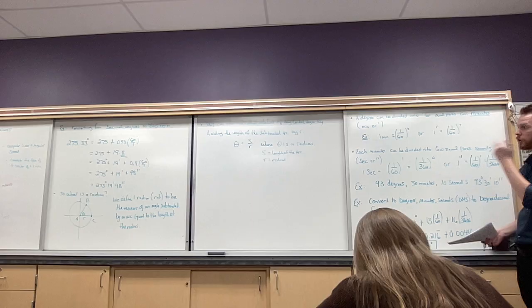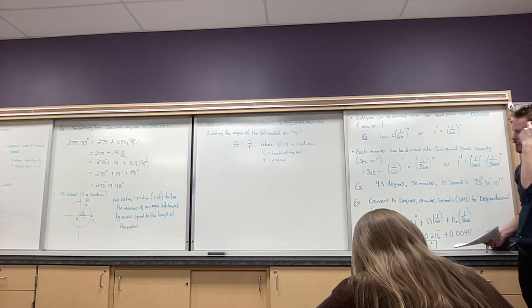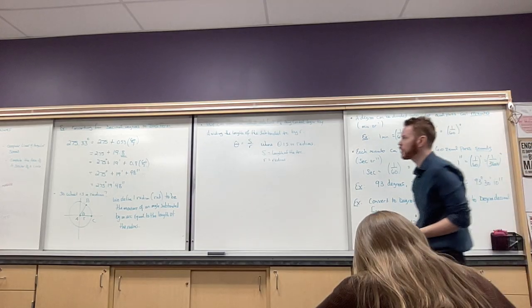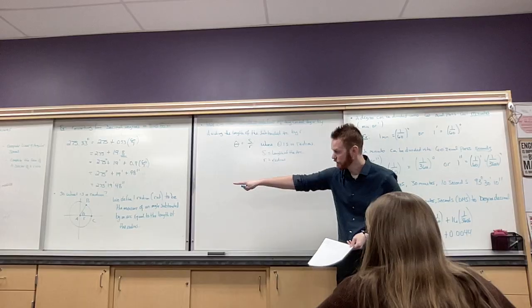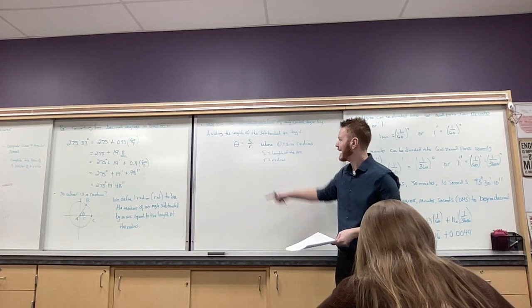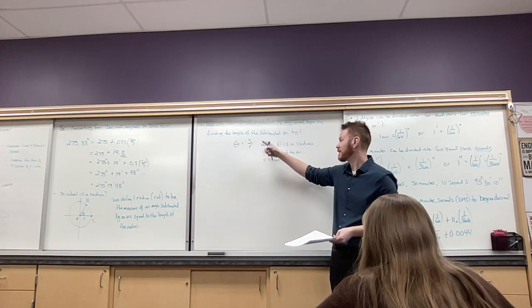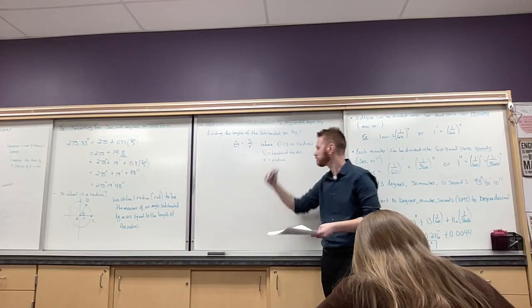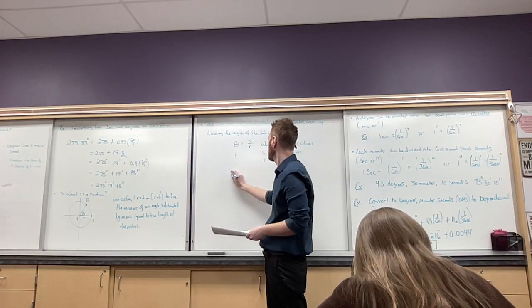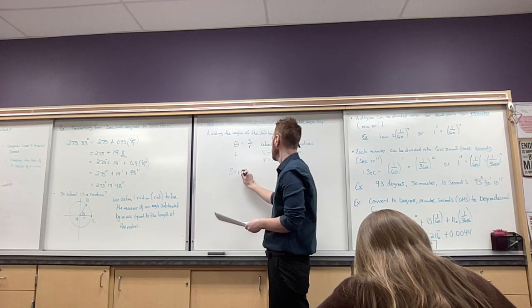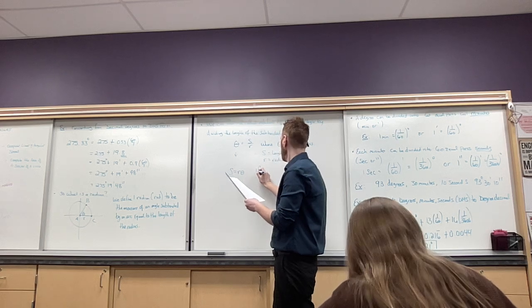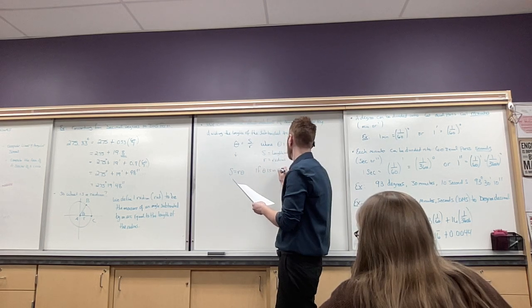Now, we can actually make another formula here. If I want to know what the arc length of that guy is in radians, I could solve this for S, which is pretty easy. Just multiply both sides by R. So you could rewrite this as S equals R theta, and that's if theta is in radians.